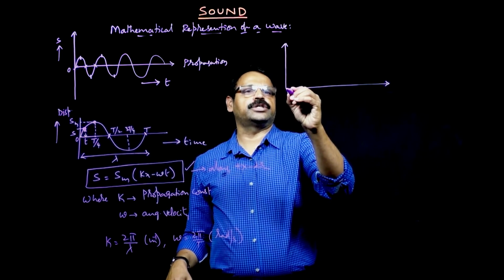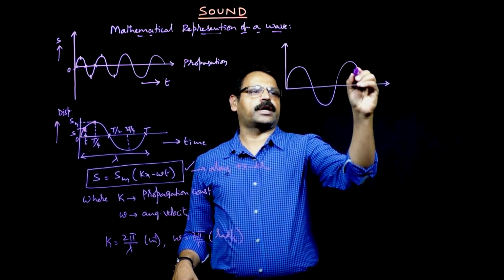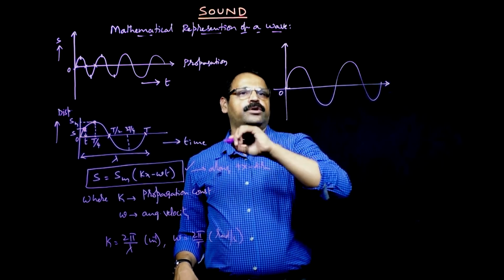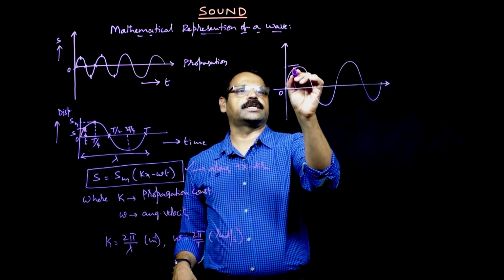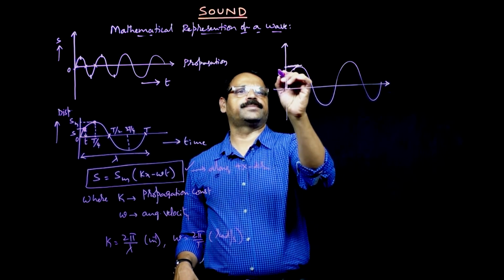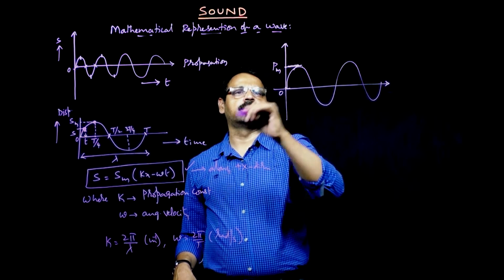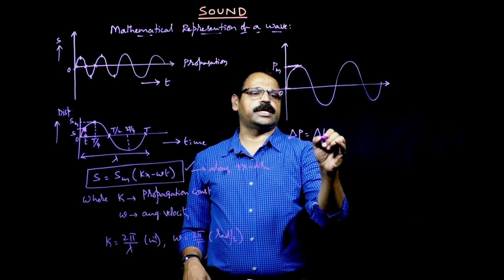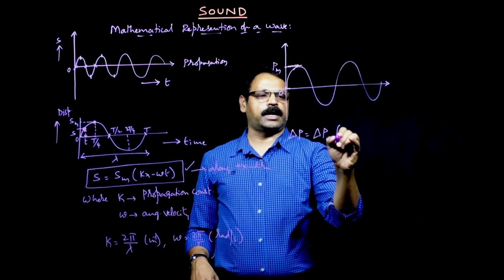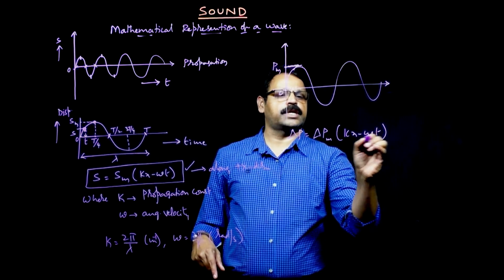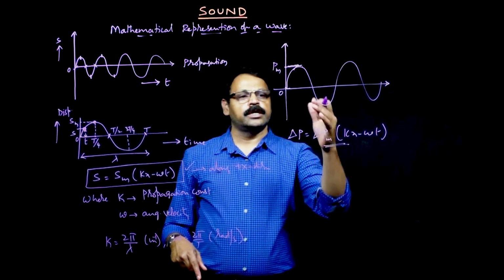Similarly, if the pressure variations are taken into account, this is the 0 point and the maximum pressure it takes over here. When the particles are compact, then it experiences a maximum pressure. So delta P, the change in pressure, can be written as the maximum pressure change multiplied by sine of kx minus omega t. So this gives rise to the variation in pressure.